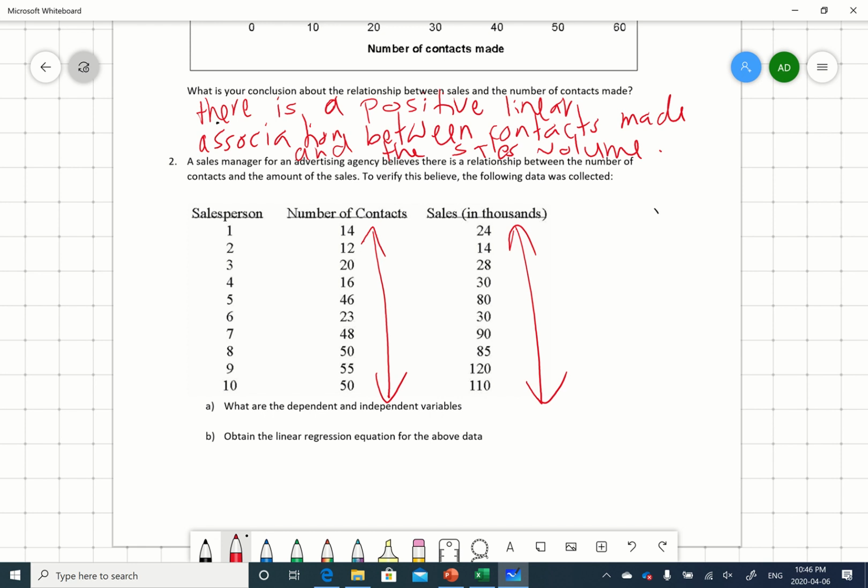So I'm looking for the change in sales based on the change in number of contacts. So I'm changing the number of contacts made, so then I can see if that is going to impact sales. So number of contacts is my independent variable and the sales volume is my dependent variable.